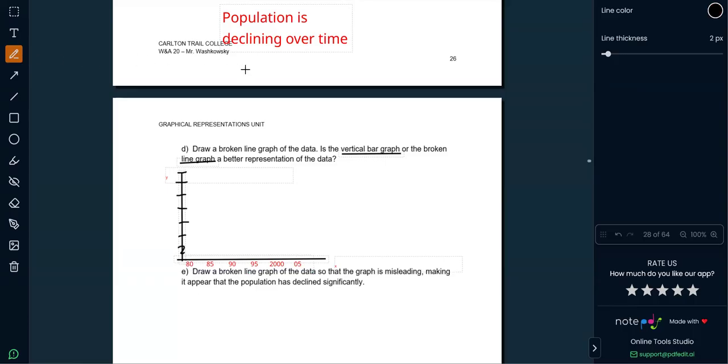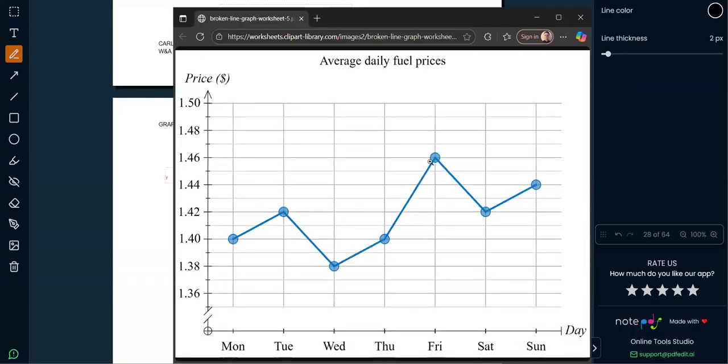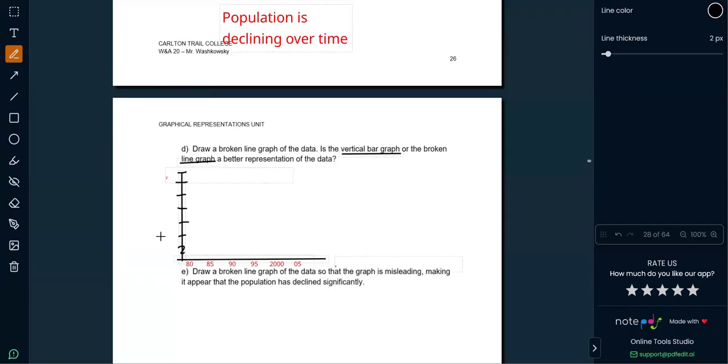So a broken line graph, if you remember, is where I just take dots. Broken line graph: dot, dot, dot, dot, dot, connect the dots. So I'm just going to plot my points now. Oh, sorry, I've got to label this first.